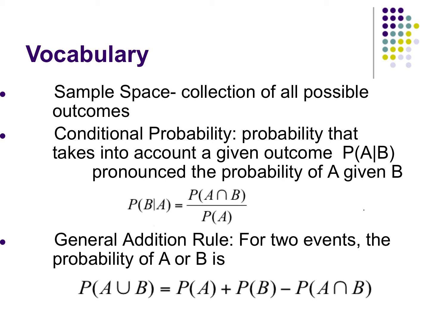Then we have our general addition rule for two events. The probability of A or B is the probability of A or B. Last chapter, the probability of A and B was 0 because they were disjoint. So it's the probability of A plus the probability of B, but you have to subtract the probability of A and B because these got counted twice, right?